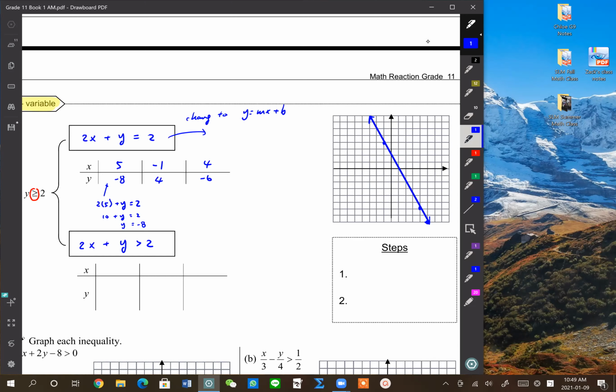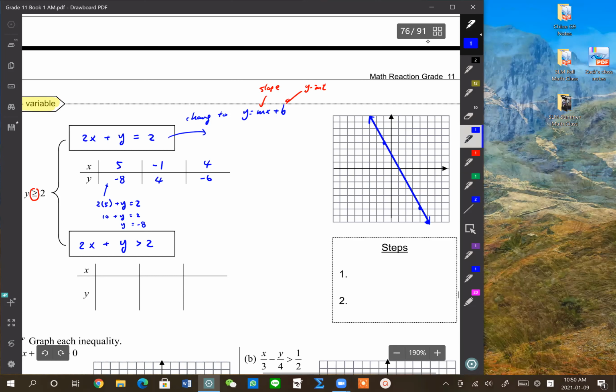Eric, do you remember the meaning of m and b? M is slope and b is y-intercept. Yes, very good. So this is slope, and this one is y-intercept. It will be easier and faster than using the point tables.